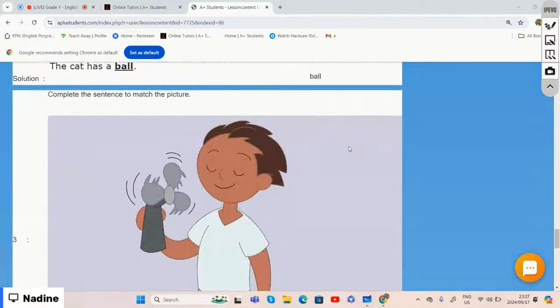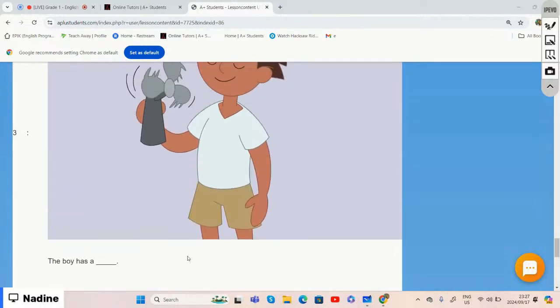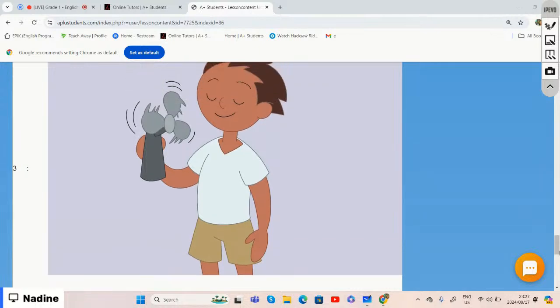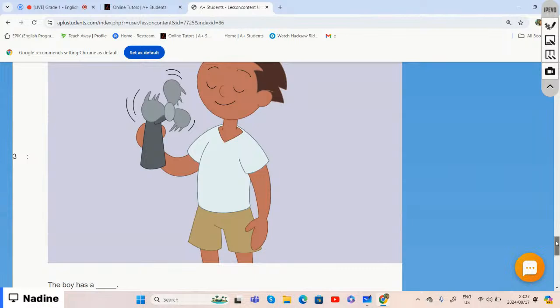All right, and the last one, and then we're going to our test. It says complete the sentence to match the picture. What does the boy have in his hand? It is very hot, and he's using that specific thing to cool him down.